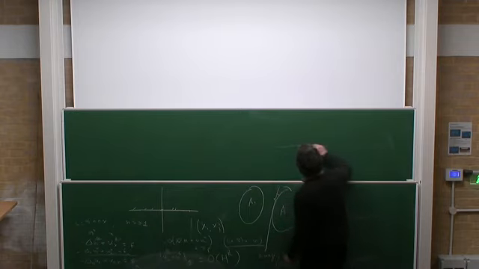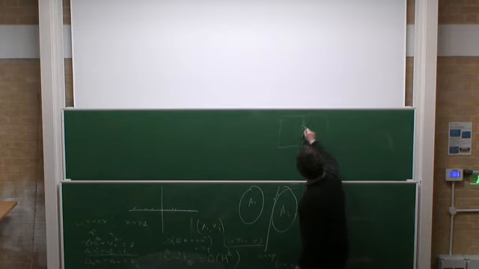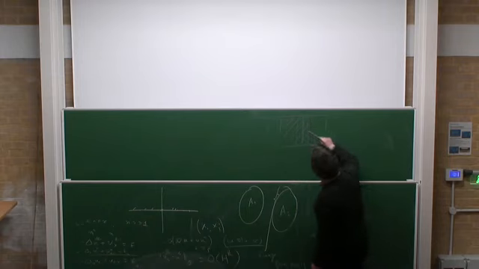So for example, if I had a domain, and V is the functions that are supported on this domain, then I could draw a line in the middle, and then I could say that all the functions that are supported on this part, that's V1, and all the functions that are supported on that part, that's V2.